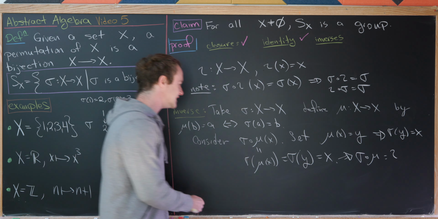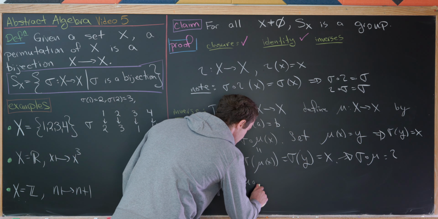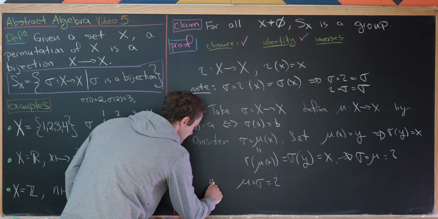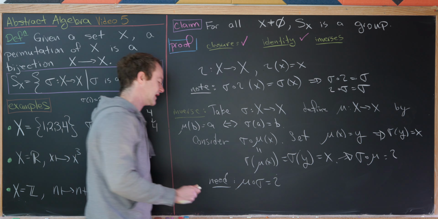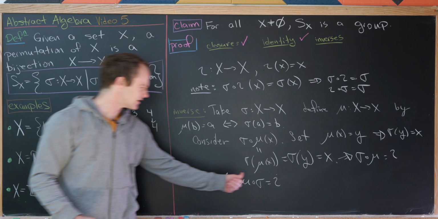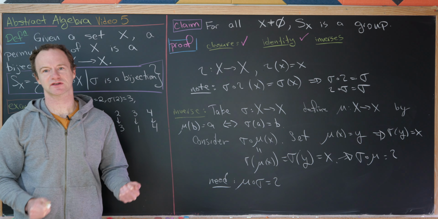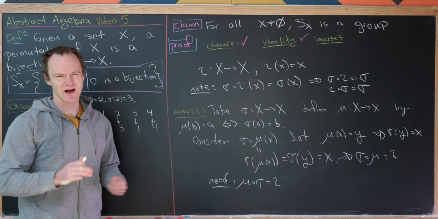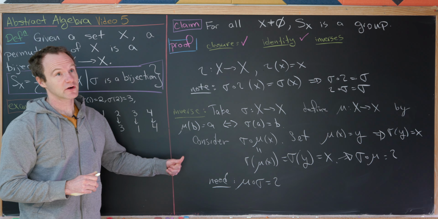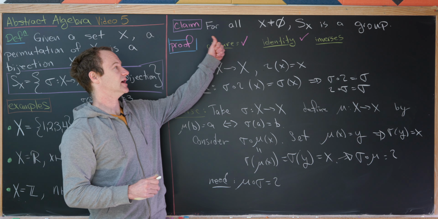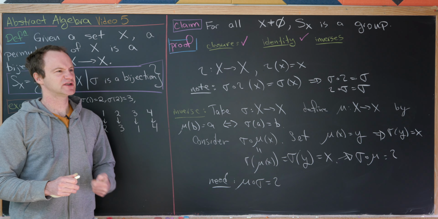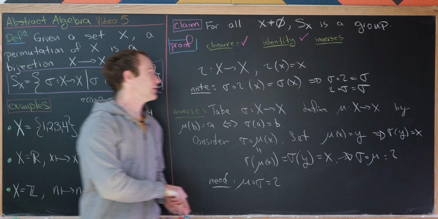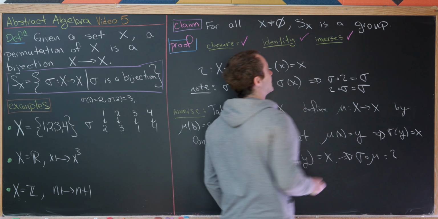Now we also need to check that mu composed with sigma is also equal to the identity function, but like we did with the last bit, I'll let you check this on your own. These are really famous exercises that you might see in a discrete math or an intro to proofs class. That's why I'm going through them quickly. They're of course in that class not done under the setup of a group, they're just done under the setup of studying functions.